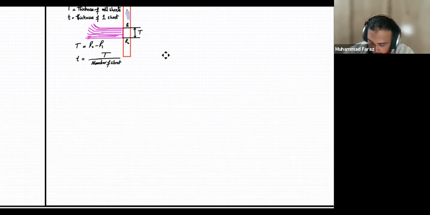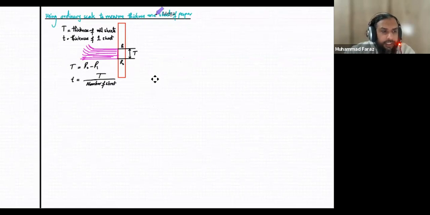So this is how we measure thickness of one sheet of paper.